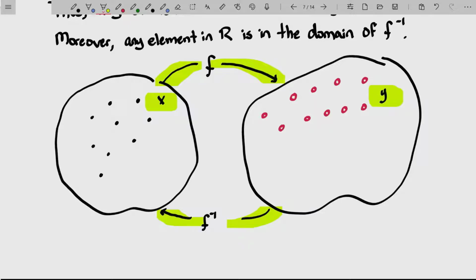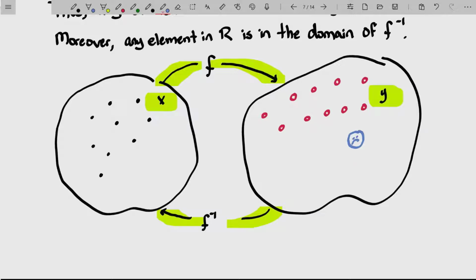It should be that the domain of f is the range of f inverse, and the range of f is the domain of f inverse. And you're kind of right there. It is true, but I want to shore up any doubt. What if, for example, there was a rogue element in the range of f, and it did not get mapped to by f?